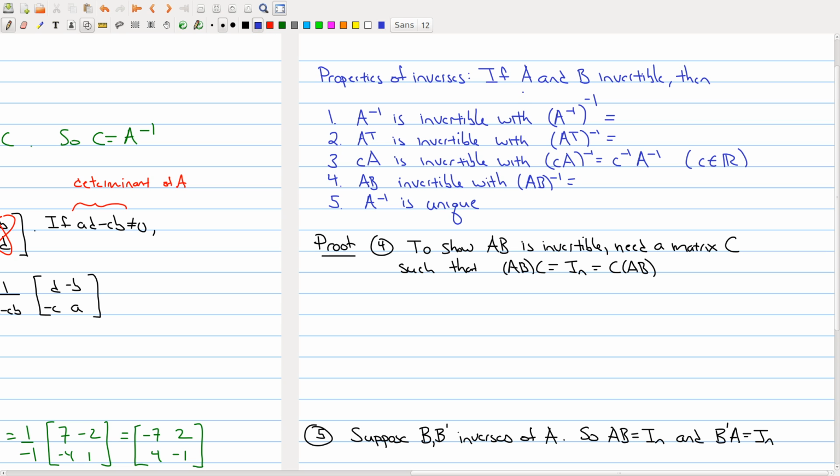If you already know that the matrices A and B are invertible, then the inverse of A is also invertible, where the inverse of the inverse of A is the matrix A that you started with. Also, the transpose of A is invertible, where the inverse of the transpose is the same thing as taking the inverse of your original matrix and then transposing it.